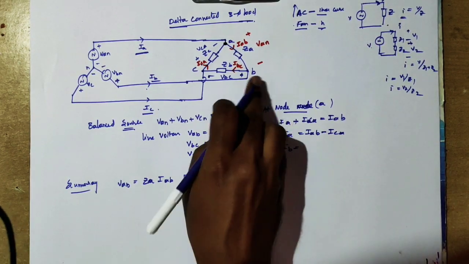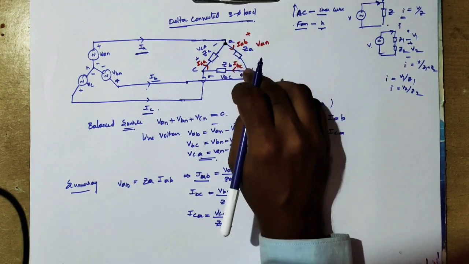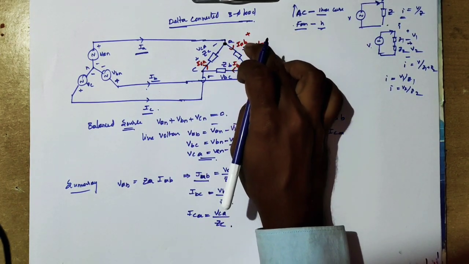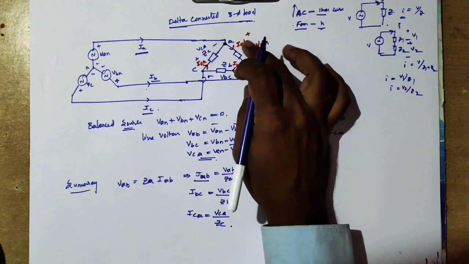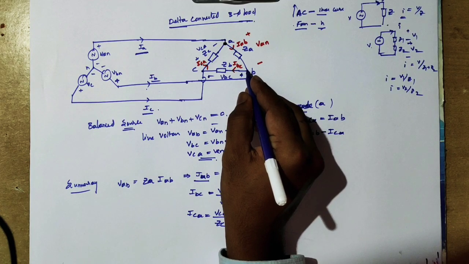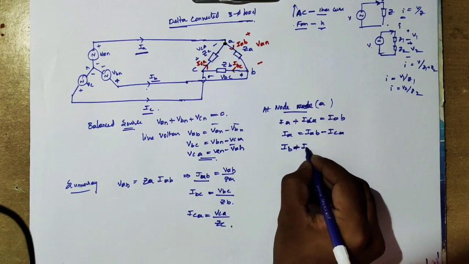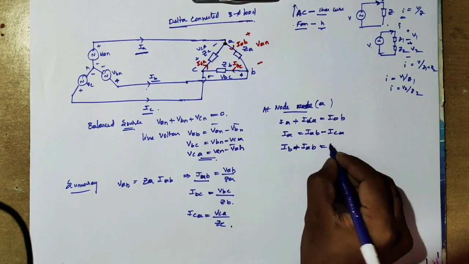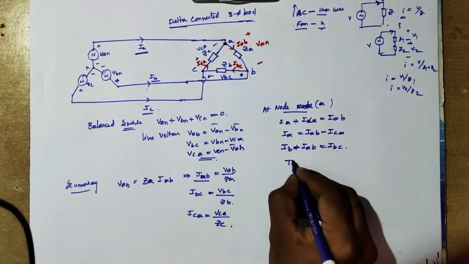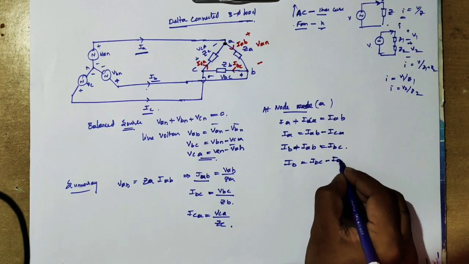Similarly, IB equals what? At node B, the current entering is IB plus IAB, which equals IBC. Therefore, IB equals IBC minus IAB.